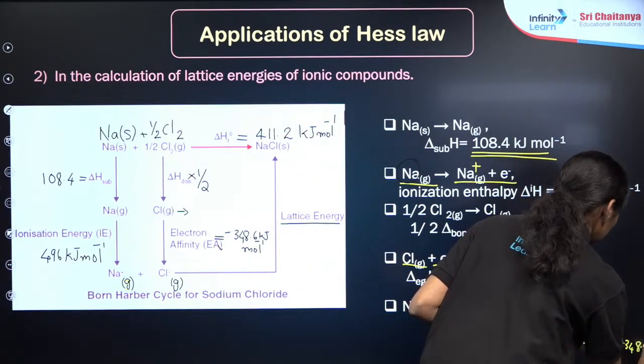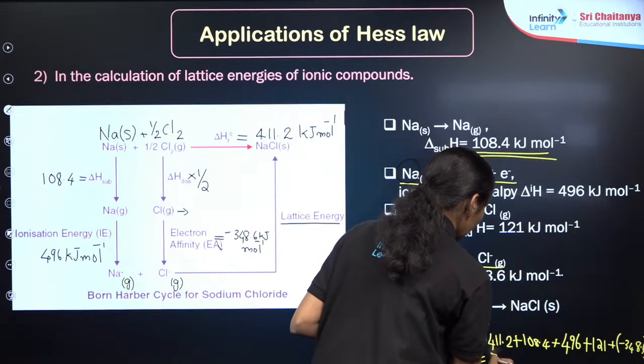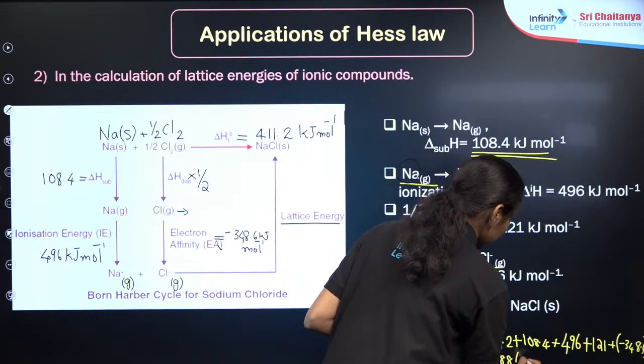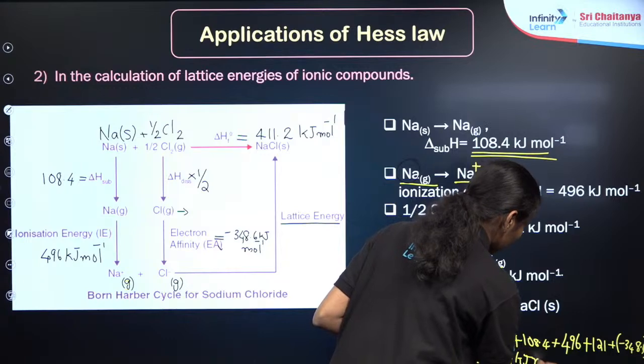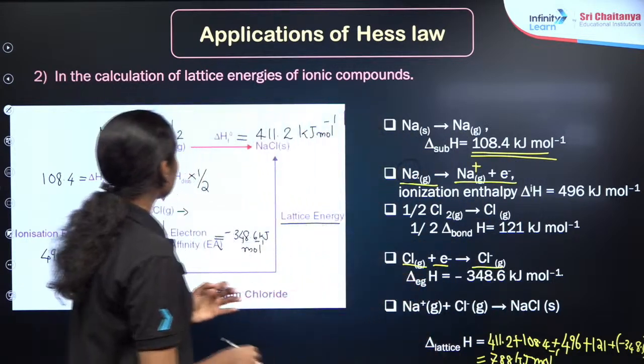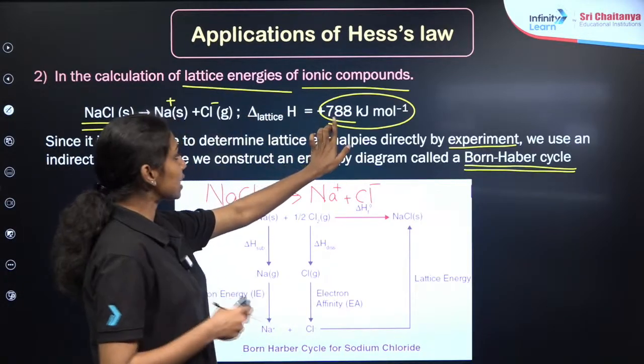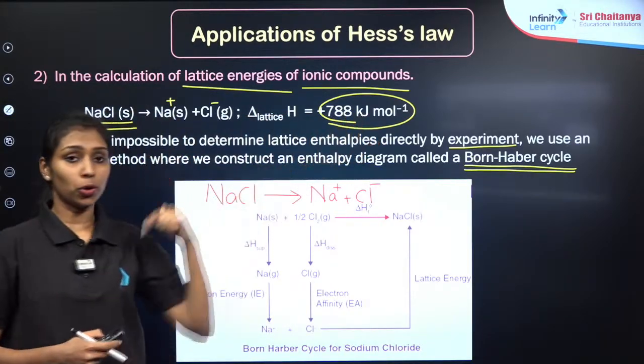348.6. While taking the summation, you will get the final answer around 788 kilojoule per mole, right? Which will be our lattice enthalpy for the formation of NaCl, that is equal to plus 788 kilojoule per mole.